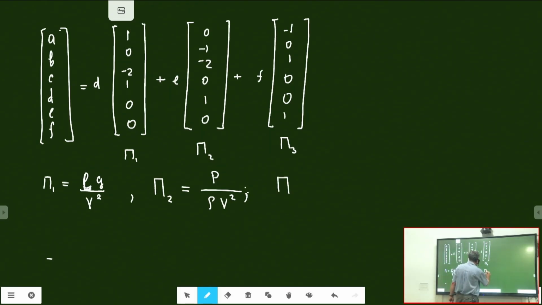Pi 3 is equal to, and once again, going through this exercise once again. The first one is L, right? So it is L in the denominator. The third one is, the second one is V. And the last one, time. Okay? So T over L, or L over T is V, right?